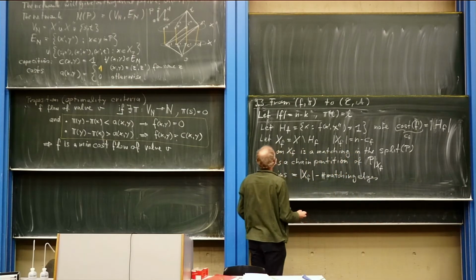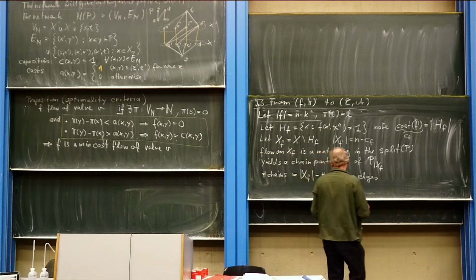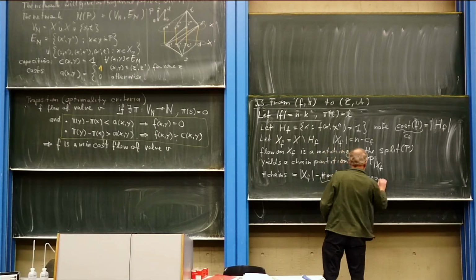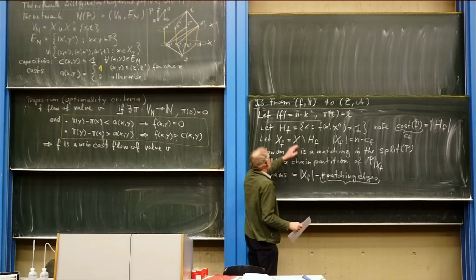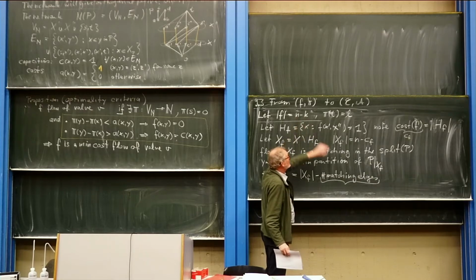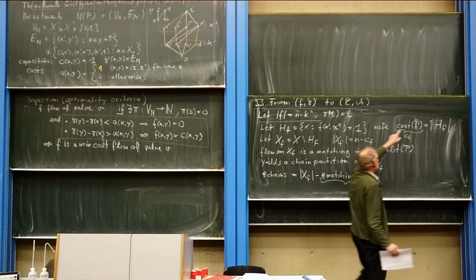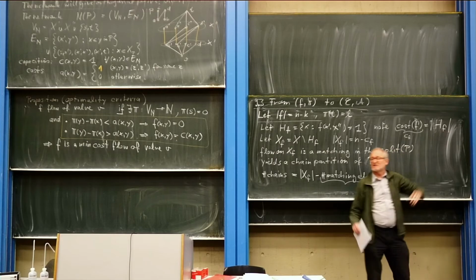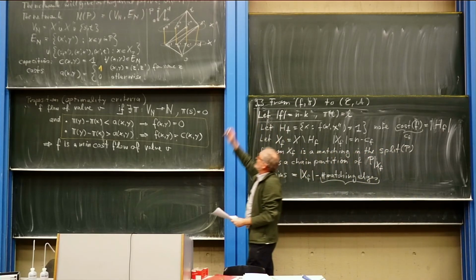So the number of matching edges is equal to the total flow minus the flow that we have subtracted, that is on these yellow edges.